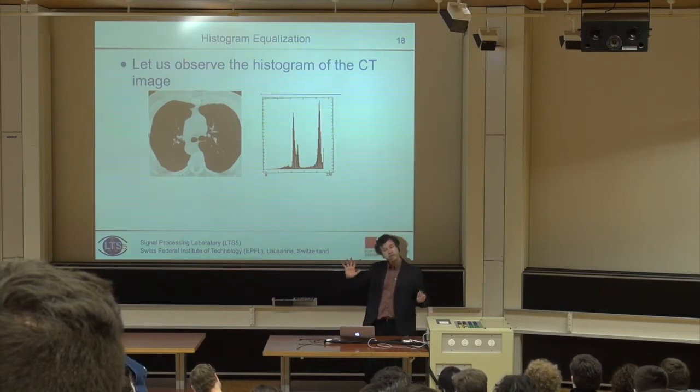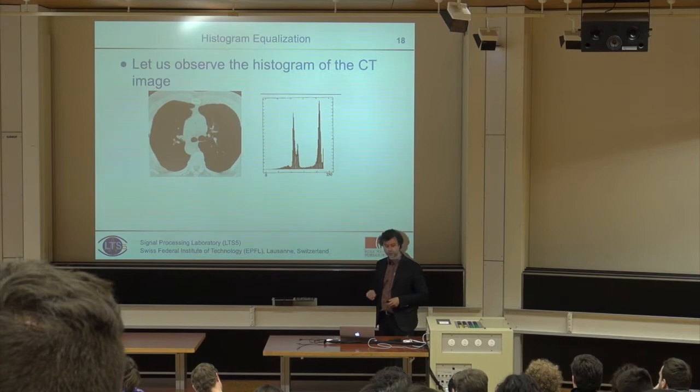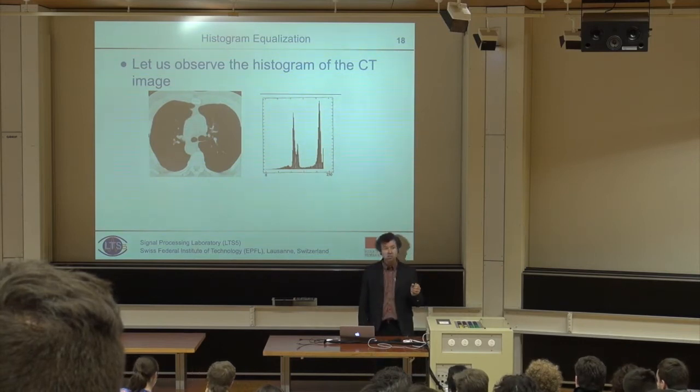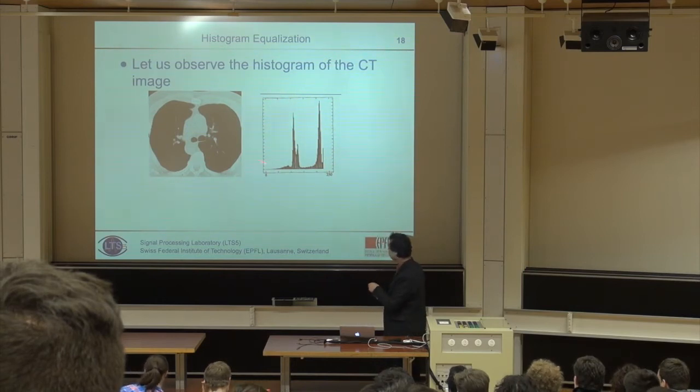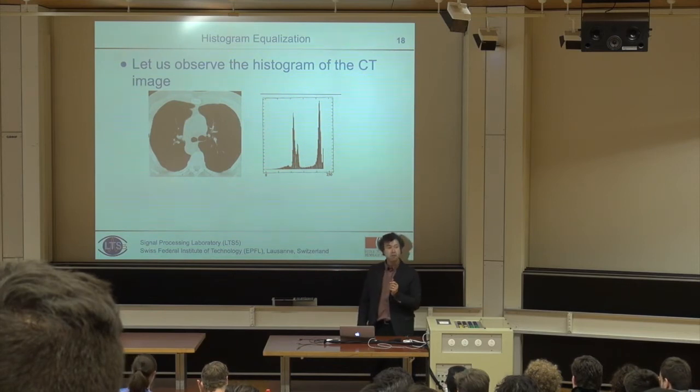And this is the image that you get from your CT scan, your scanner. And if you look at the histogram of that image, do you all know what a histogram is? This is the count of how many pixels I have for each possible gray level.